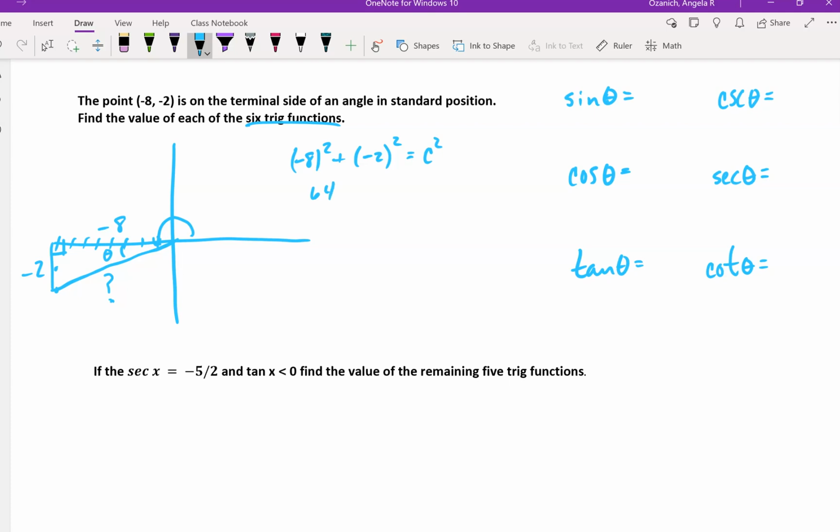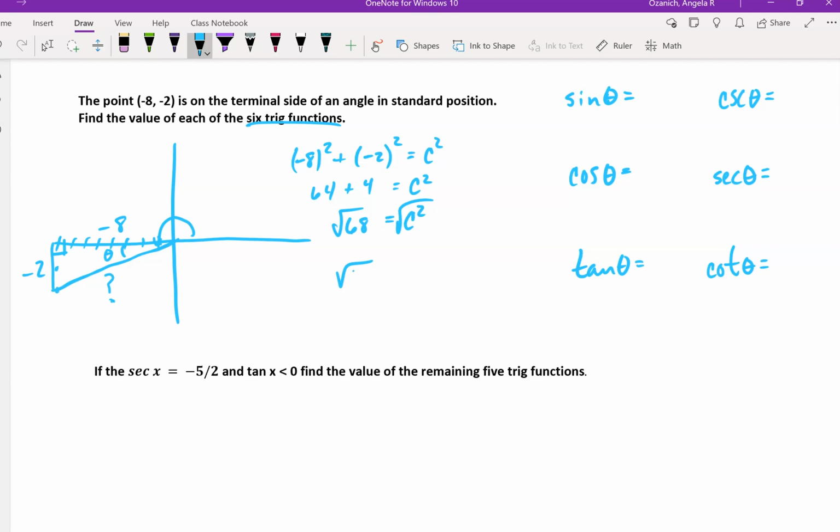So 64 plus 4 is going to be 68 is equal to c squared. If you can reduce or simplify your square root, I'm going to want you to do that. So we might be able to with 68, right?